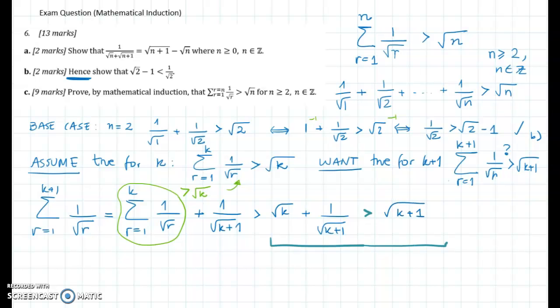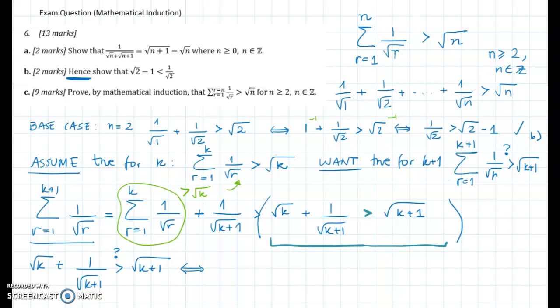If this part over here is true, then we will have that the sum we started with on the left-hand side is greater than square root of k plus 1, which is what we want. So let's see. Can we check that square root of k plus 1 over square root of k plus 1 is greater than square root of k plus 1? This is what we are asking if it's true. If it's true, we are done.